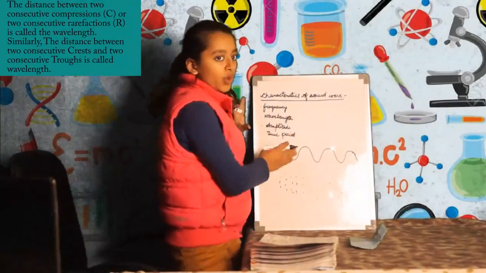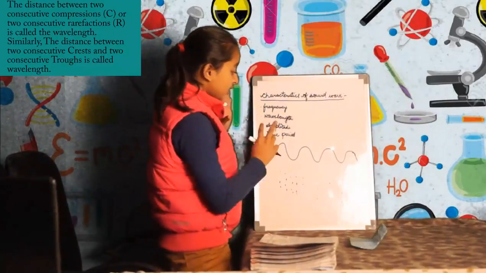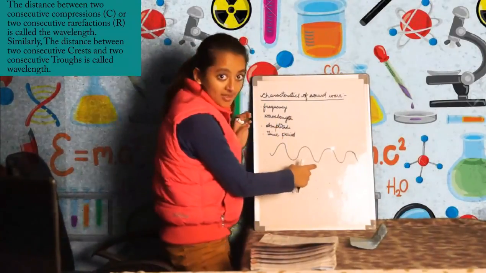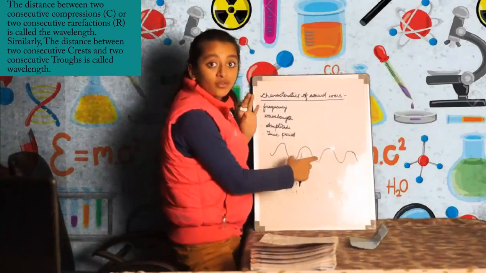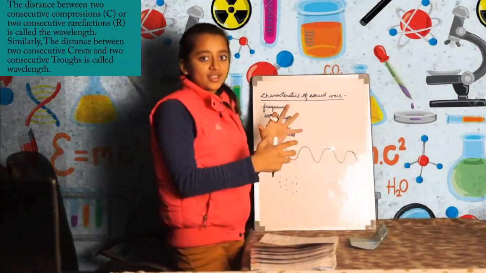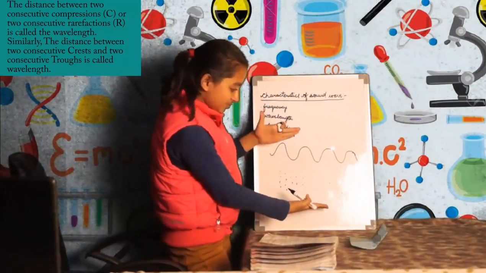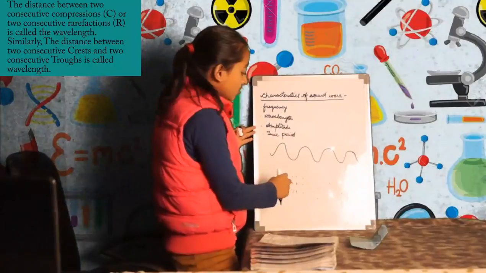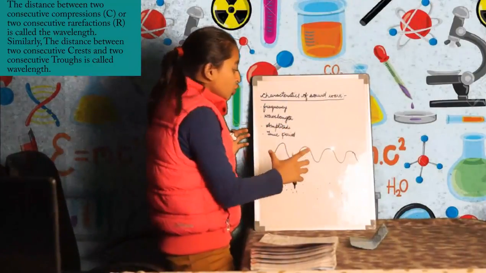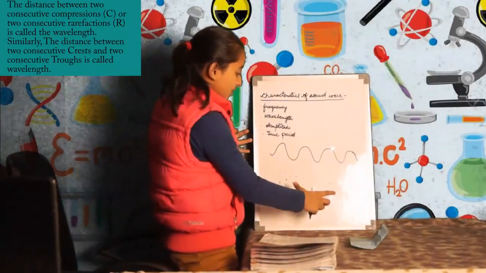So, what is wavelength? Wavelength is basically the distance between two successive crests or two successive troughs or the valleys, that is the uphill. And if we take it in a longitudinal wave, then we would say that the distance between two successive rarefactions or two successive compressions.